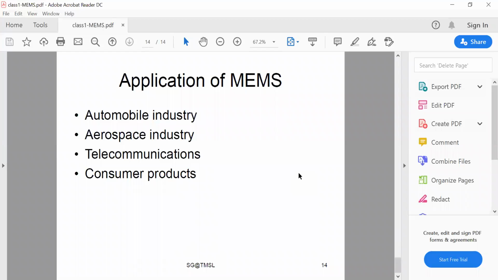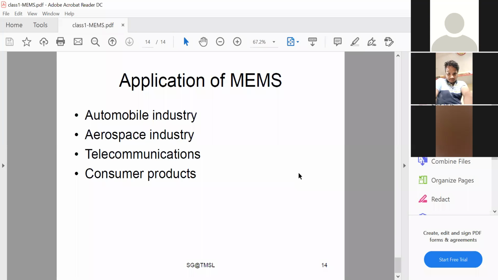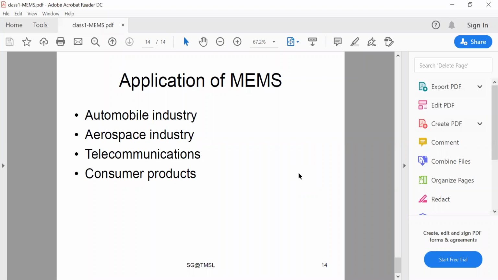In the automobile industry, it is used for various purposes, like to build position sensors, displacement sensors, the airflow control sensor, fuel pump pressure and fuel injection control. Today's technology is based on BS6, which is basically a fuel injection control system.